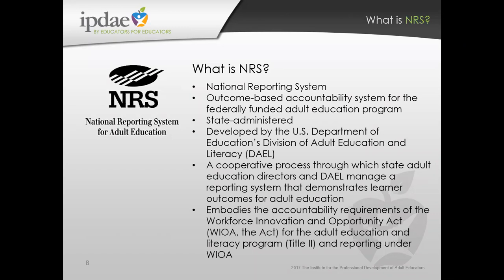And this National Reporting System for Adult Education, NRS, is an outcome-based accountability system for the state-administered, federally funded adult education program. Developed by the U.S. Department of Education's Division of Adult Education and Literacy, DAEL is what a lot of us refer to, the NRS continues a cooperative process through which state adult education directors and DAEL manage a reporting system that demonstrates learner outcomes for adult education.